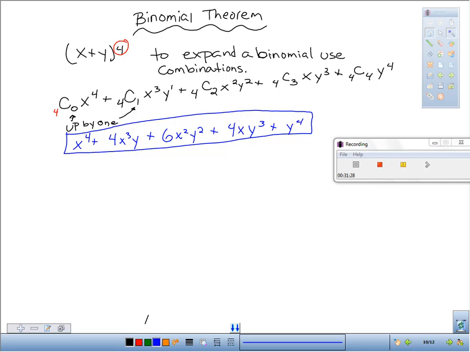We're good? Okay, so now what happens if we're given a number? So like x plus 3 to the 5th power. Okay, so now we're doing the degree of 5. So you're going to have 5, choose 0.